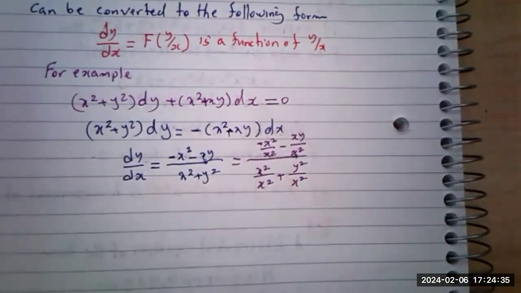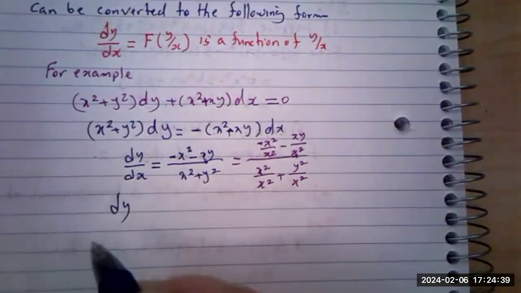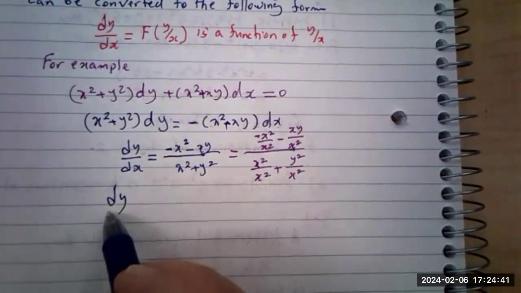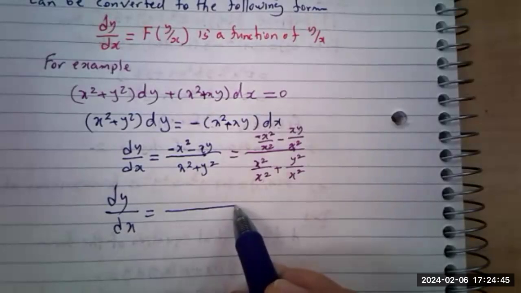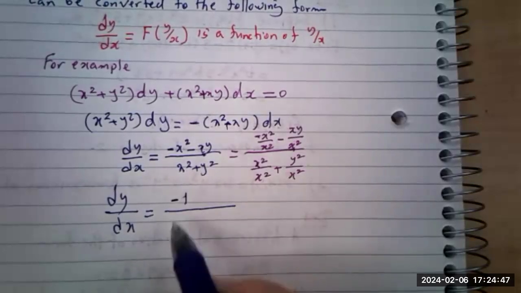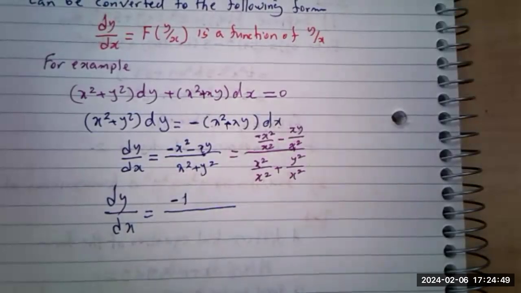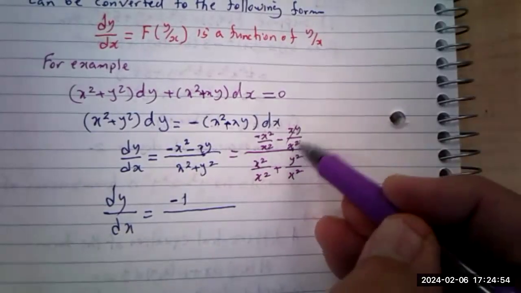Simplify. What's going to be the result? dy/dx is equal to minus 1, and these two would cancel out.